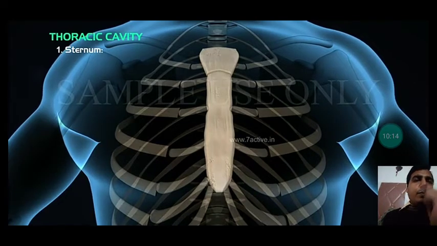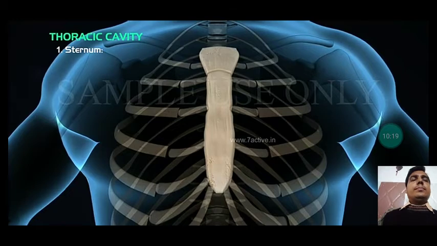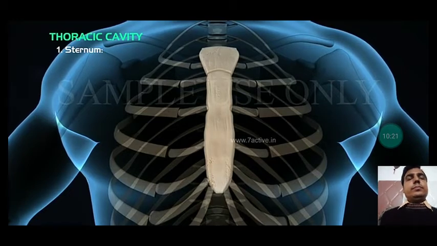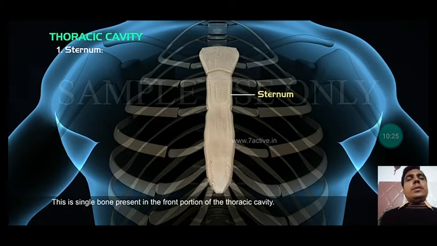First, the tie-shaped bone, also called the breastbone or sternum. This single bone is present in the front portion of the thoracic cavity.